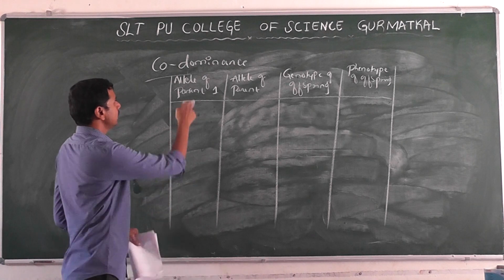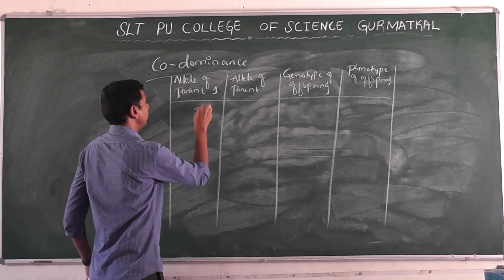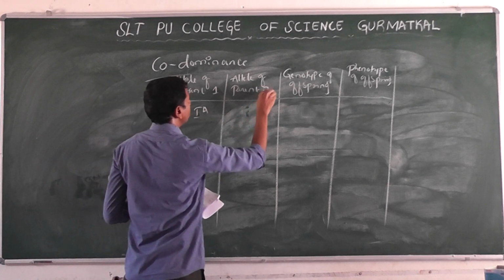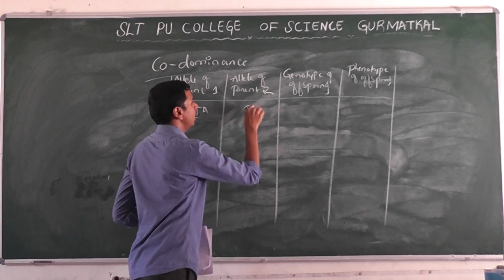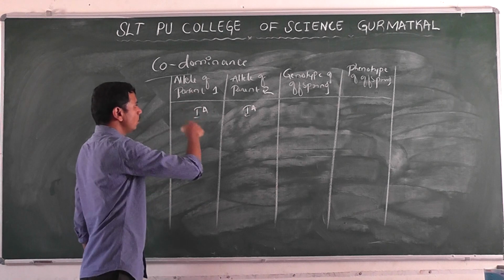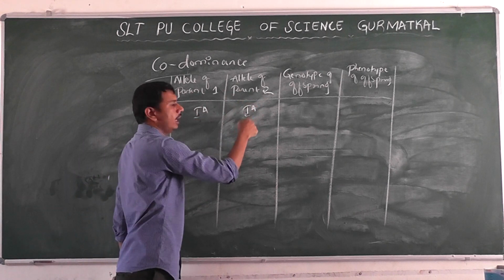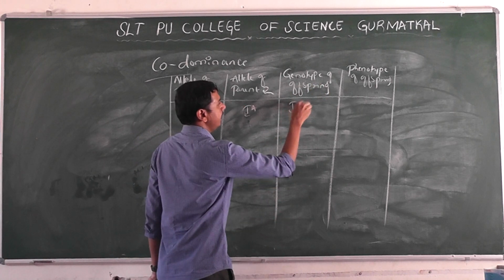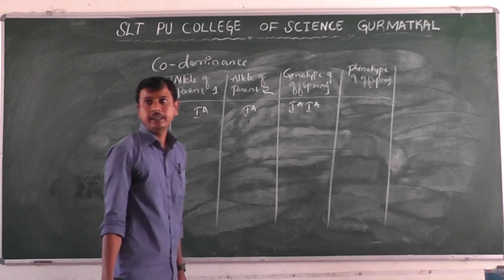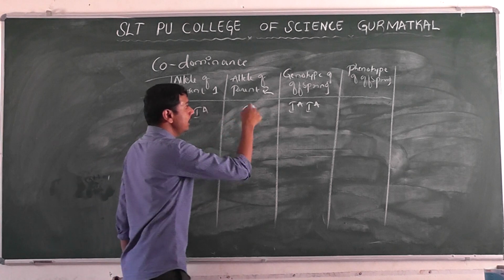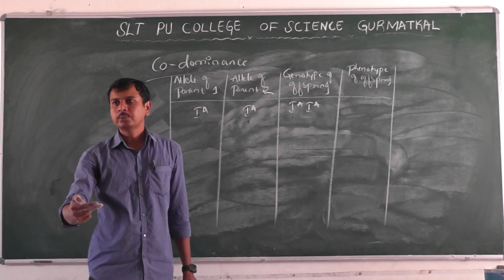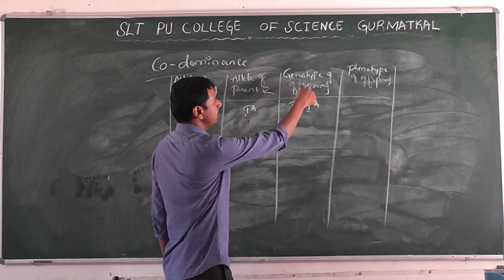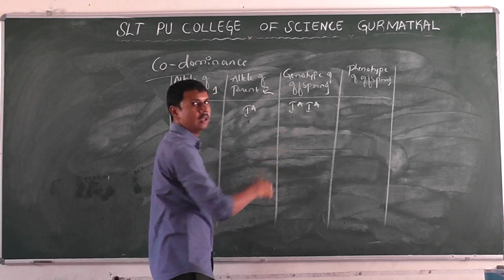If parent 1 has an IA allele and parent 2 also has IA, the genotype in the offspring is IA IA, because both the alleles are expressed.